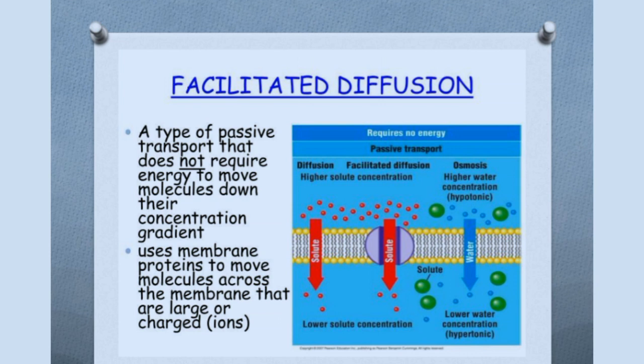So such facilitated transport or diffusion also takes place in the cells. Here they use the membrane proteins to move molecules across the membranes that are large or charged ions. It is a kind of passive transport, meaning the cell doesn't need to provide the energy.